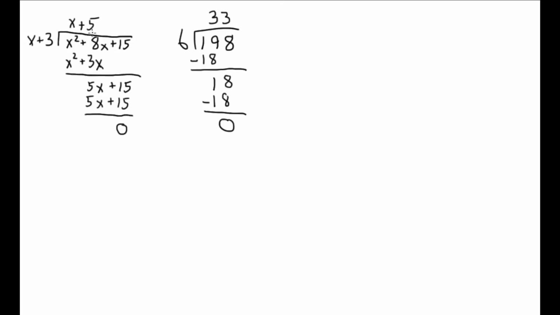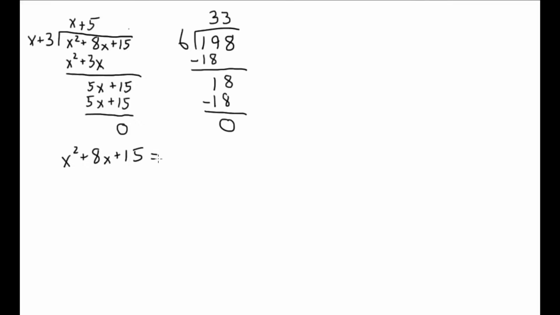So that's our first long division problem with polynomials. And you can see that it's pretty similar to how we normally do it. Now what you should realize here is that the dividend, x squared plus 8x plus 15, is a quadratic. And we know that with this quadratic, we can easily factor this. What are two numbers that multiply to 15 and add to 8?